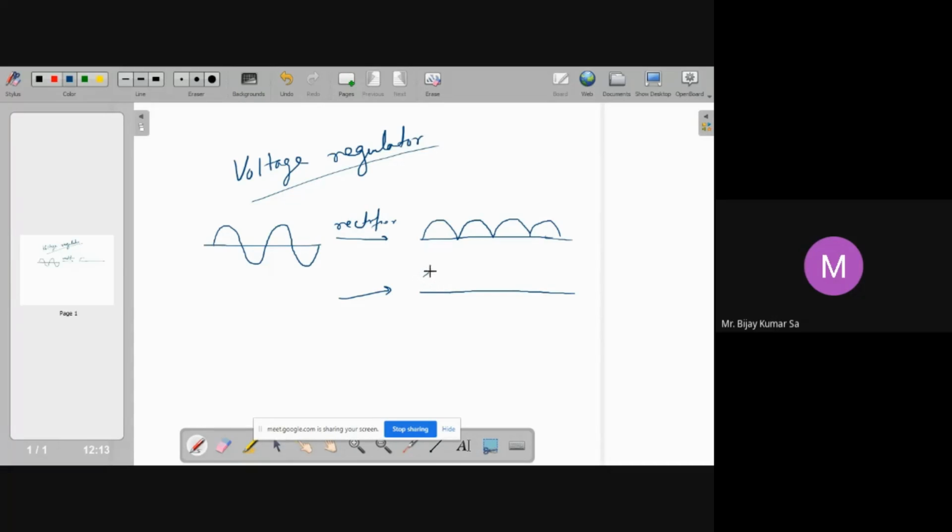In that case the signal would have been like this. This has lesser ripples compared to this without the capacitor. This is with capacitor and this is without capacitor. Anyway, the voltage is not constant in either case. It is still changing.